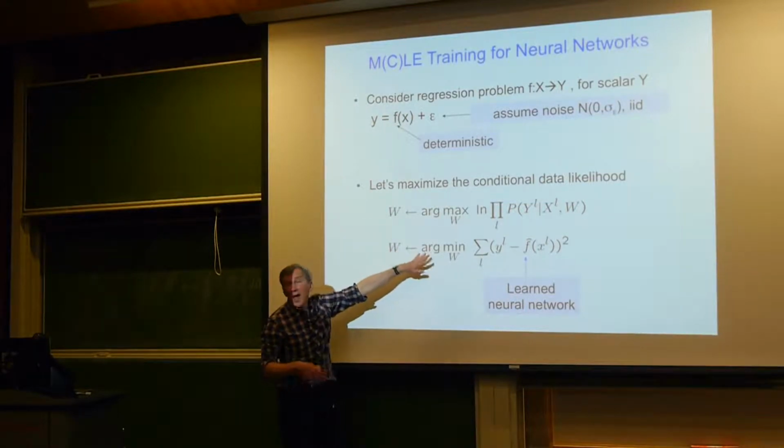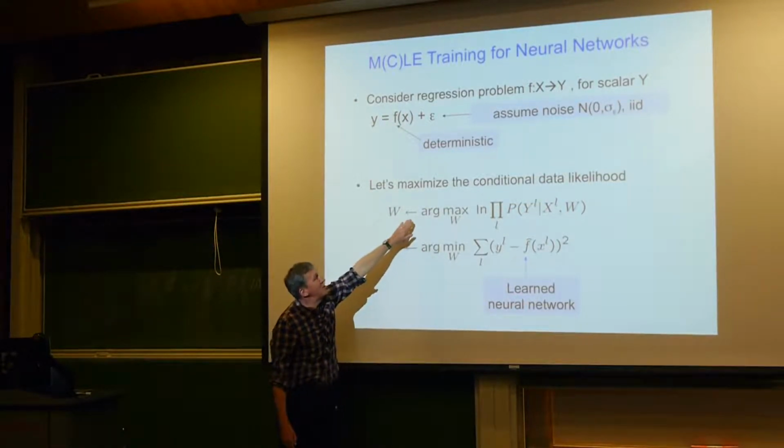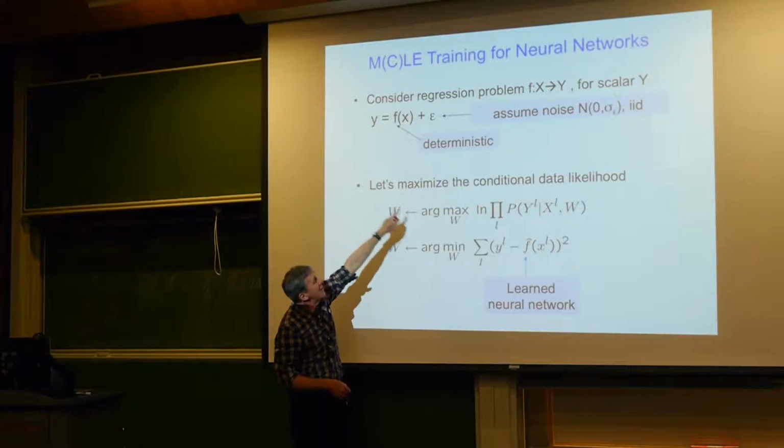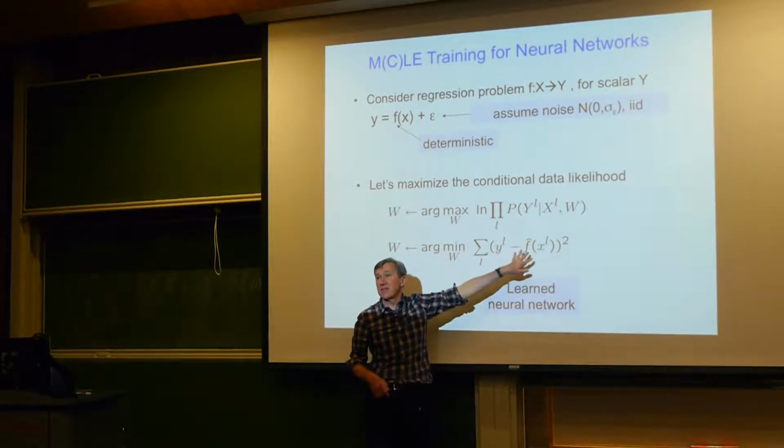And then we derived before in class that doing that under this model is equivalent to just minimizing the sum of squared errors.